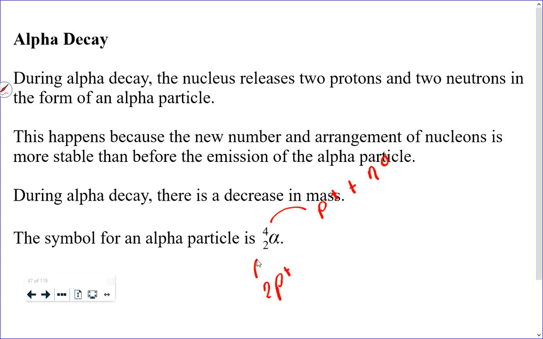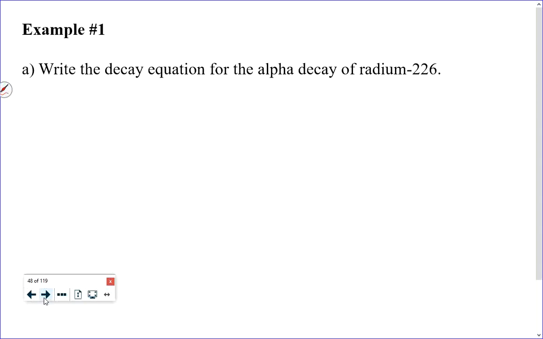Okay, here's the first example. Write the decay equation for the alpha decay of radium-226. We have to start off by determining what radium-226 is in terms of its symbol and its number of protons. I always confuse radium and radon, but I think radium is the symbol Ra. It's near the left-hand side.